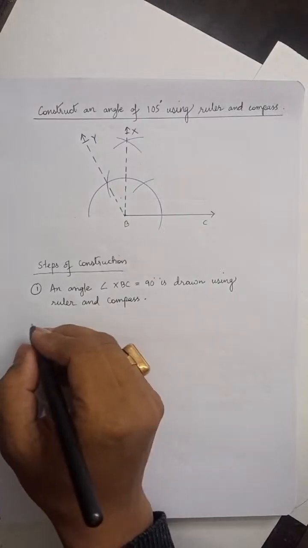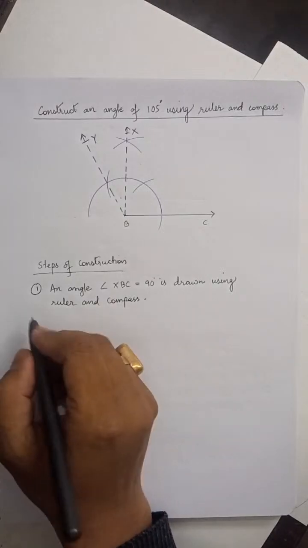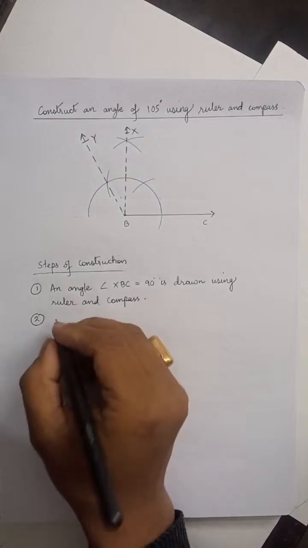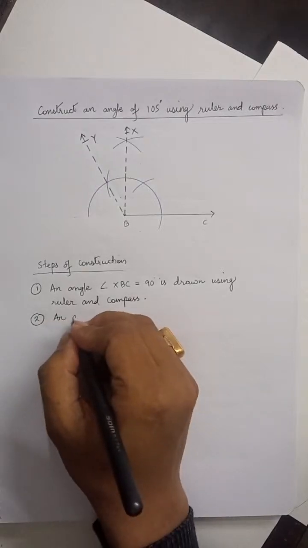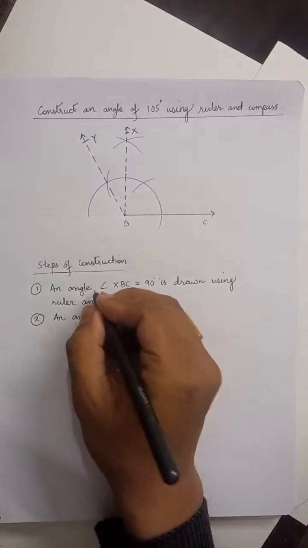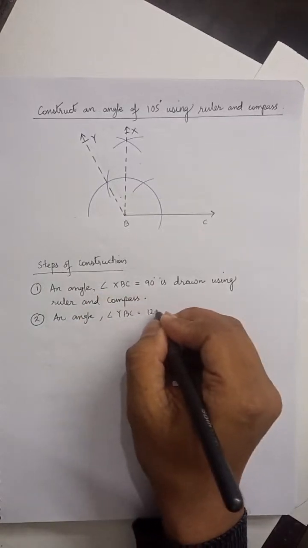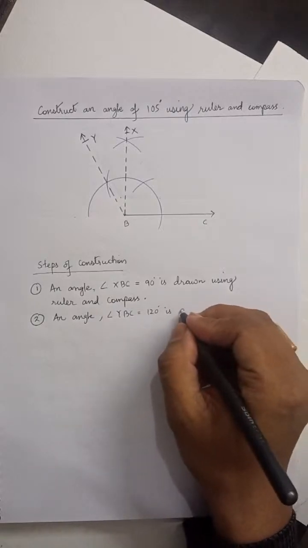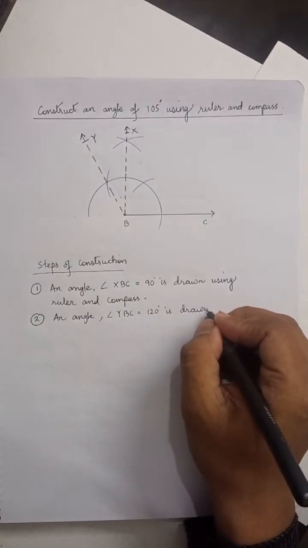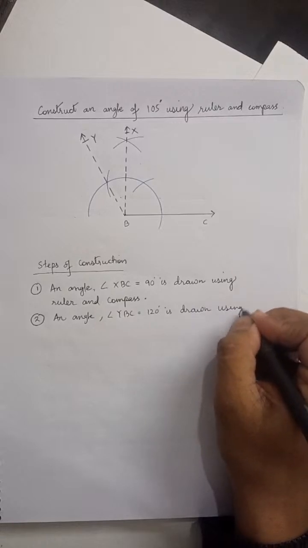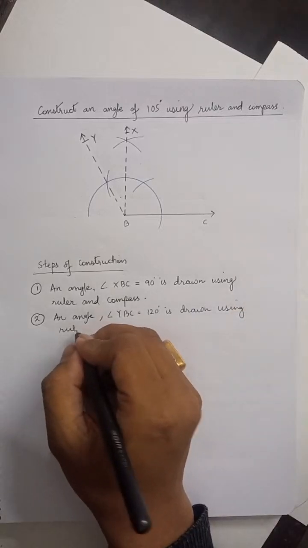So we'll write an angle YBC equal to 120-degree is drawn using ruler and compass.